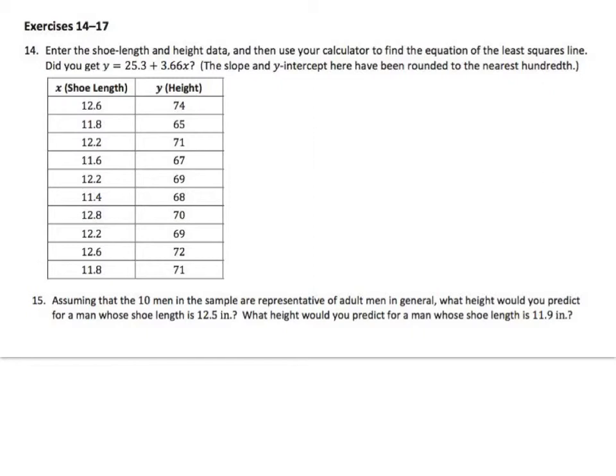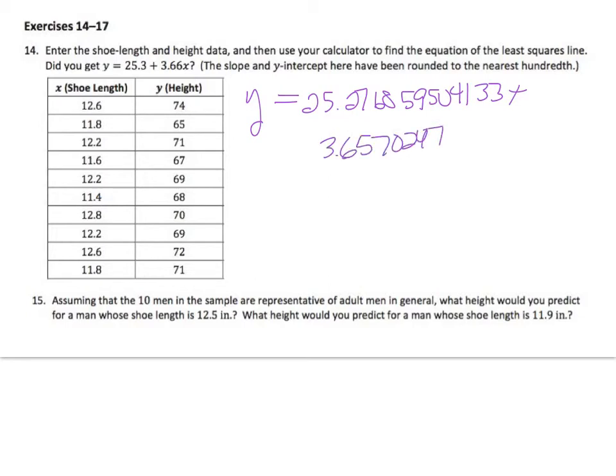Again, we're going to do this tomorrow to practice, but when I did it, I got 25.2768959 50413 plus 3.6570247933884x. Lots of digits, which we obviously don't need. So when you round all that, yes, that is what you get.